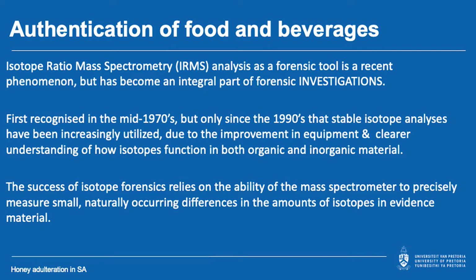The success of this method relies on the ability of the mass spectrometer, which is the instrument used to measure stable isotopes. It allows us to measure incredibly small, naturally occurring differences in the amount of isotopes in material, which can be used as evidence to determine adulteration and even geographic location.